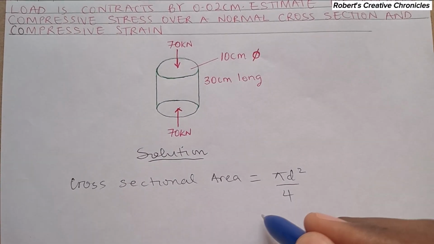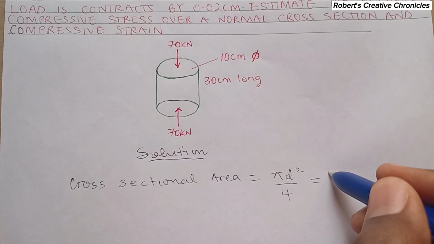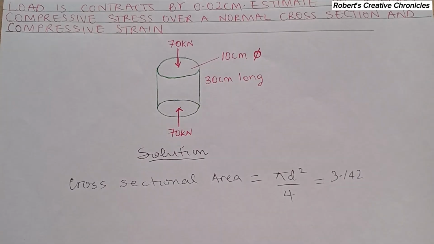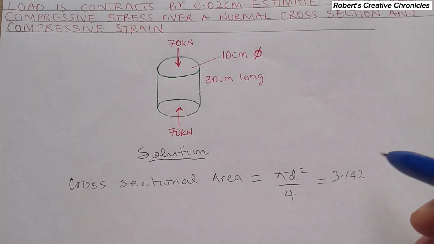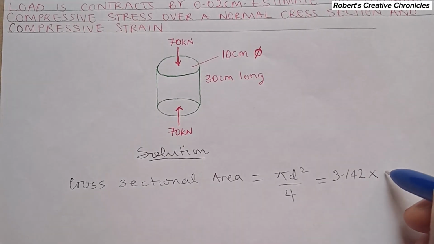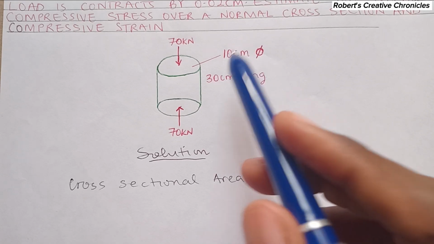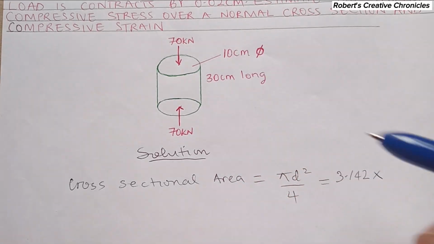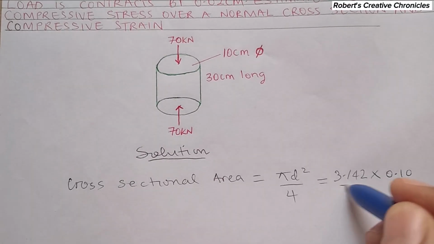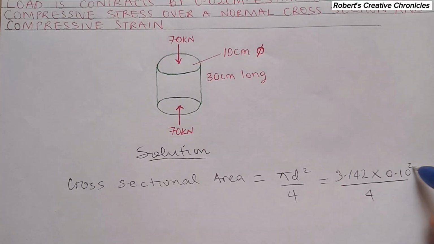So we are going to substitute it here. It becomes pi, which will be 3.142. You can use 22/7 if you wish for your pi. Times, then this centimeter we are going to convert to meter, which is 0.10 meter, over 4, then square.